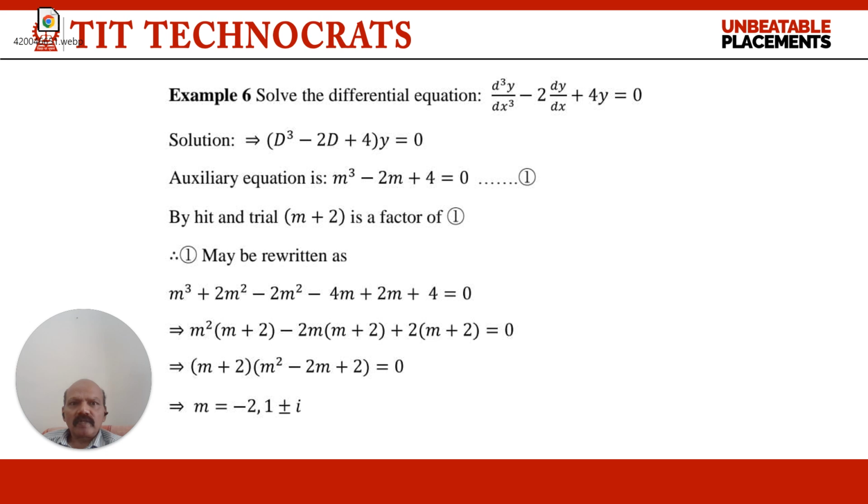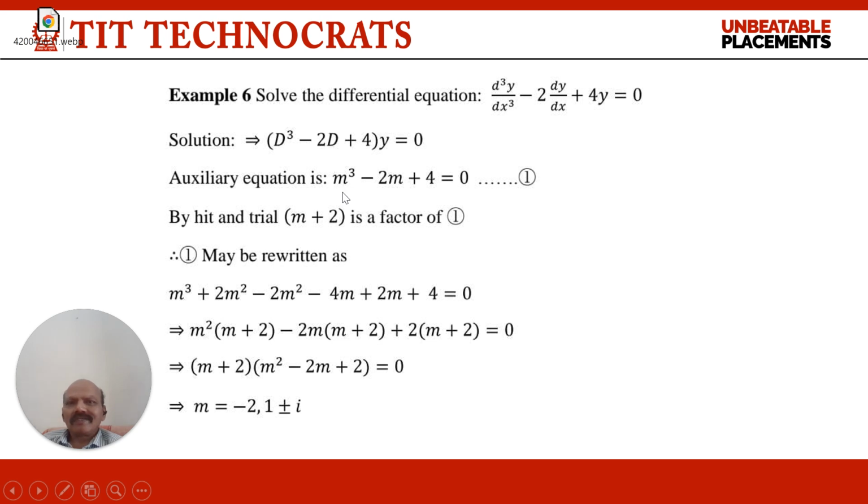Symbolic operator means we will replace d upon dx with D. Then the resulting equation will be (D cube minus 2D plus 4) whole multiplied by y equals 0. Now putting D equal to m, this equation becomes m cube minus 2m plus 4 equals 0. We are converting this into a polynomial of m for simplicity. You can also find roots in terms of D.